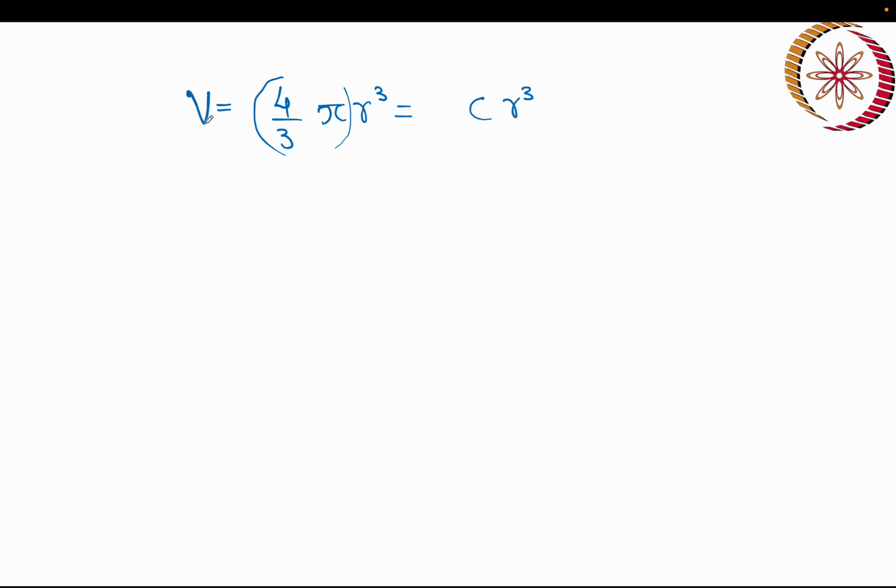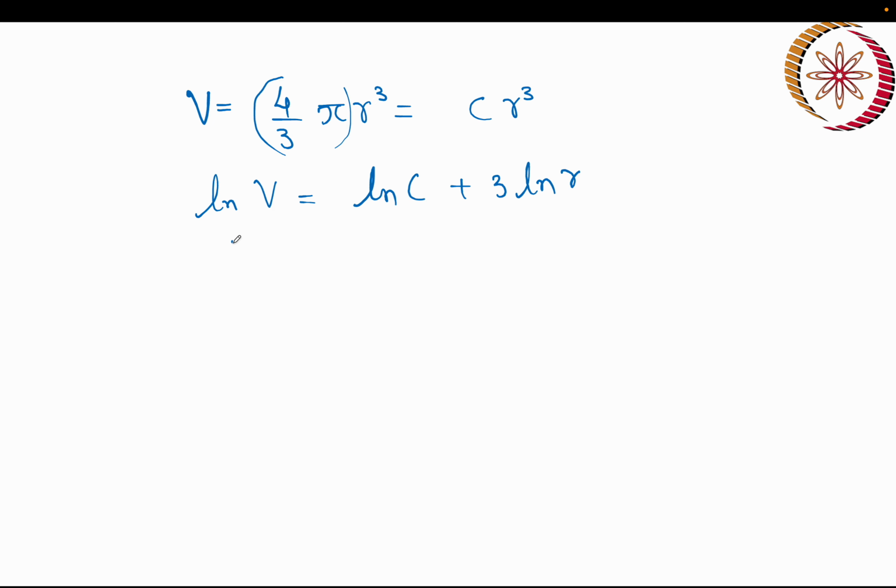So let's say this is the volume, and we can take the log on both sides. So log of v is equal to log of constant plus 3 log of r. Now we can differentiate this with respect to r.